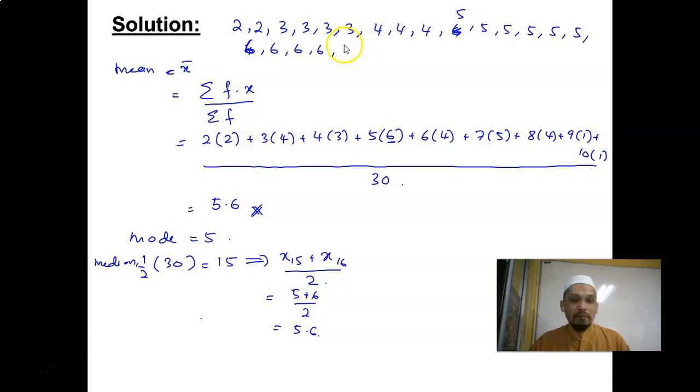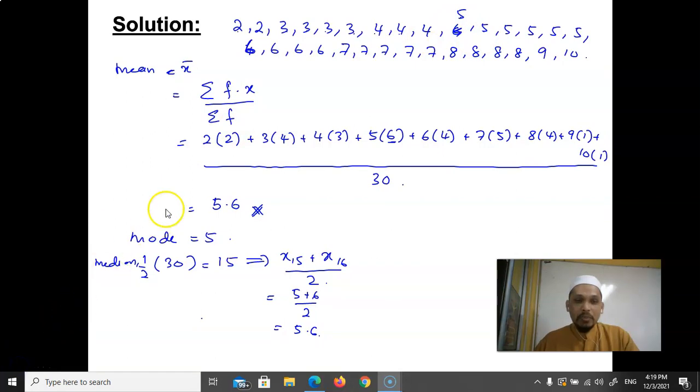Getting 7, 5 of them: 1, 2, 3, 4, 5. Getting 8, 4 of them: 1, 2, 3, 4. 9, 1, and 10, 1 of them. So there are 30 students according to the question. So for the 15th and 16th observations, we count again.